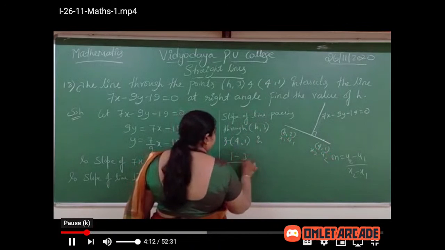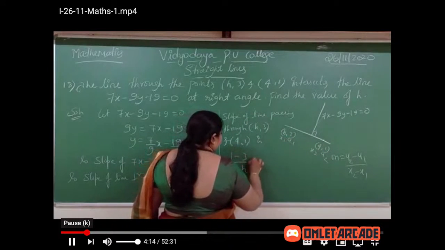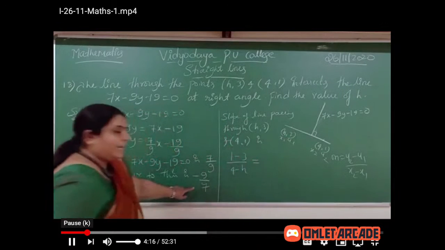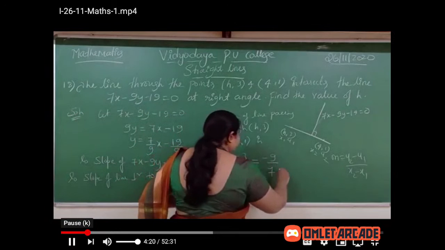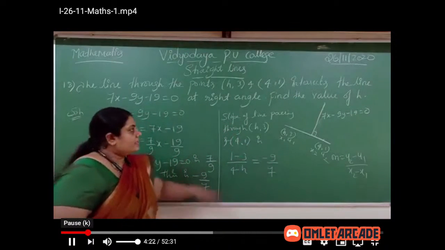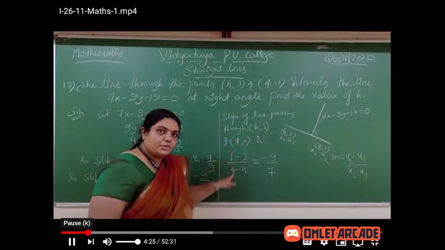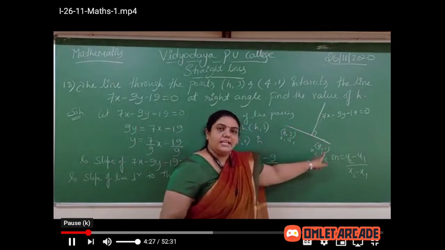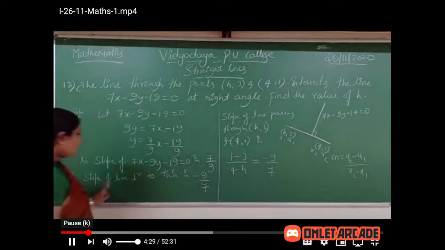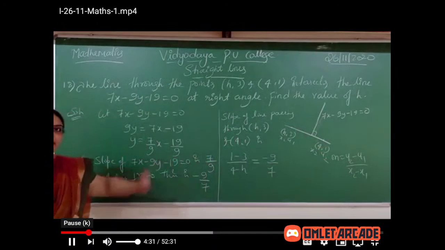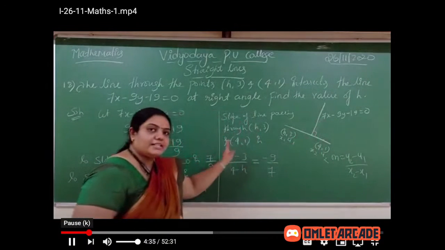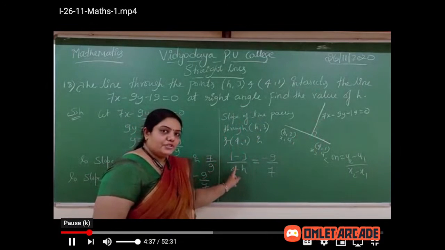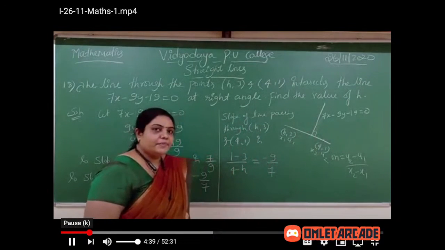So it is 1 minus 3 divided by 4 minus h. Can I consider this equal to minus 9 by 7? Because the slope of the line passing through these 2 points is the slope of the line perpendicular to this line. Because these 2 lines are perpendicular to each other. So can I equate the slope of the line passing through these 2 points as minus 9 by 7?